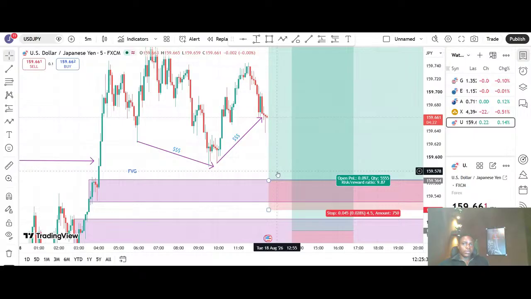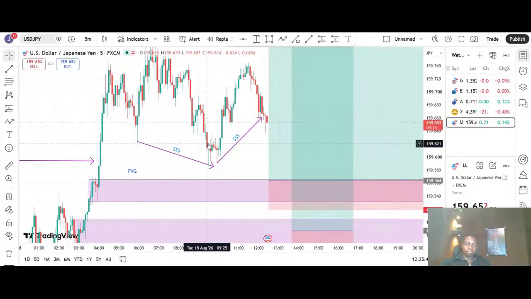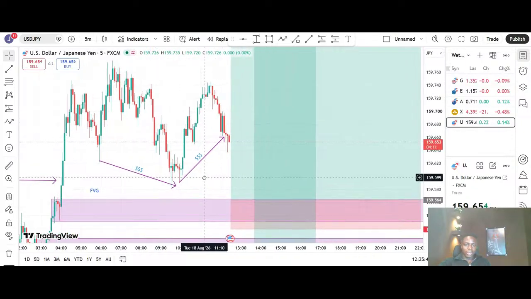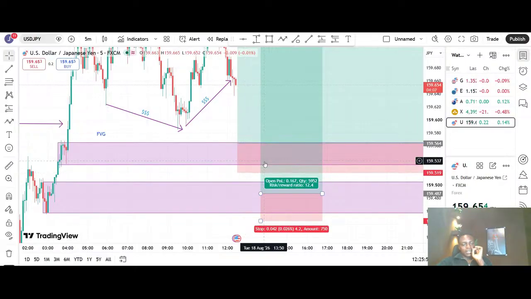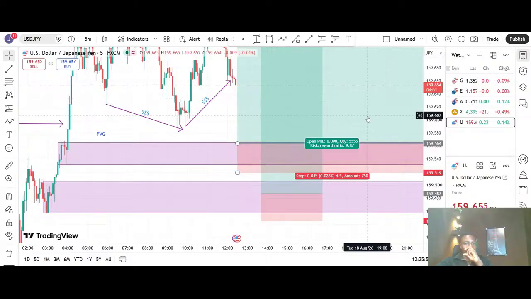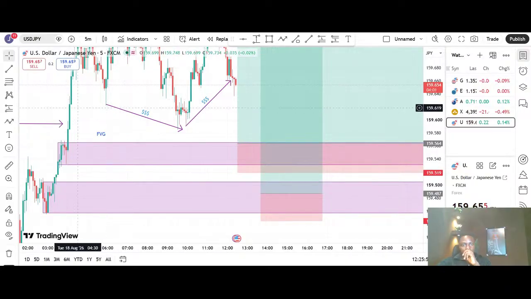So if you are risking $100, you are aiming for 1,300. Then the first order block we are looking at 1:9 or 10. But this is not certain yet. When price gets to this level, that is where I will know where my stop loss is going to be and so on.